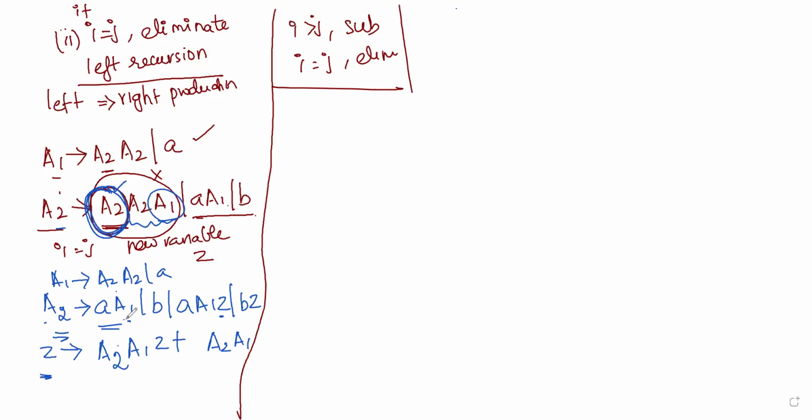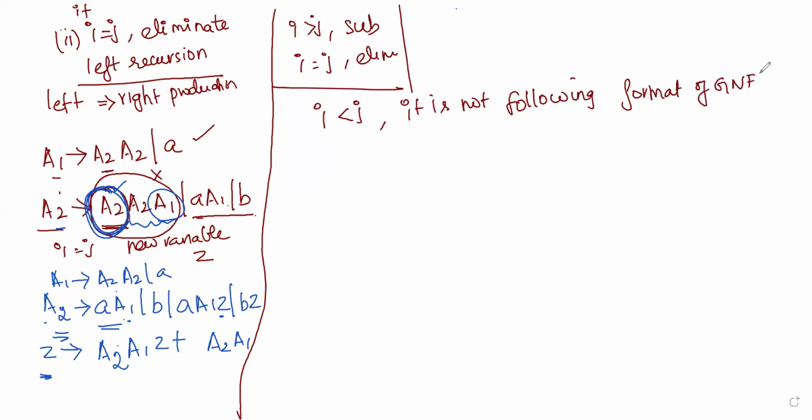Now we'll start with the last step: check whether i is lesser than j, or if it is not following the format of GNF. What is the format of GNF? It will be quite confusing, but you just check whether it is following the format of GNF or not.